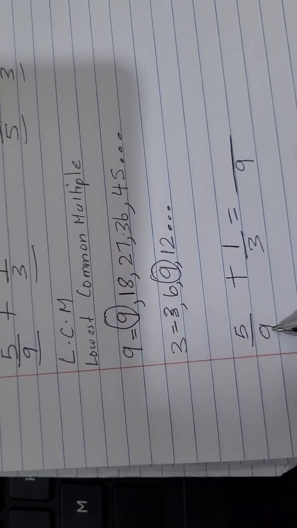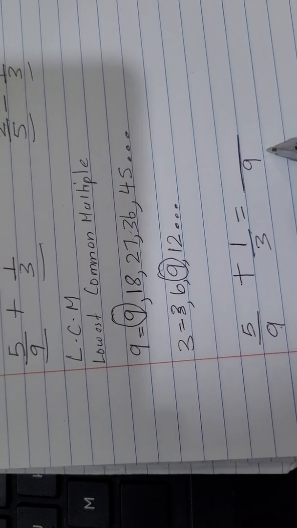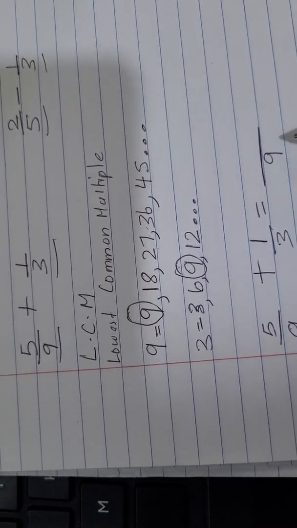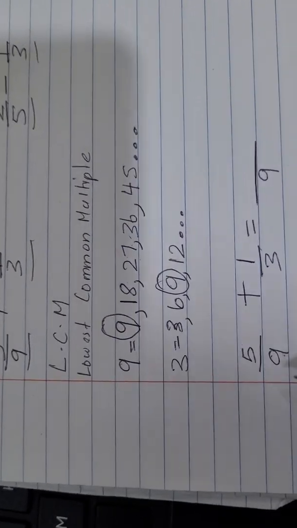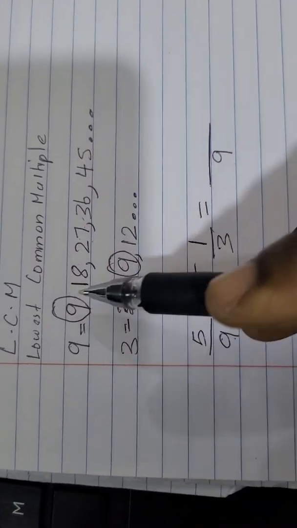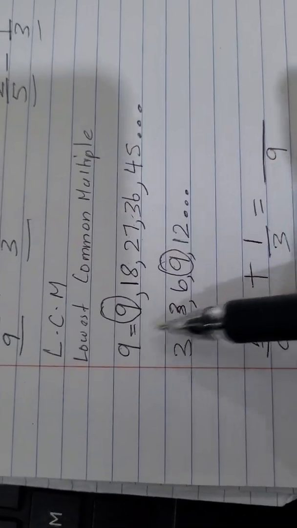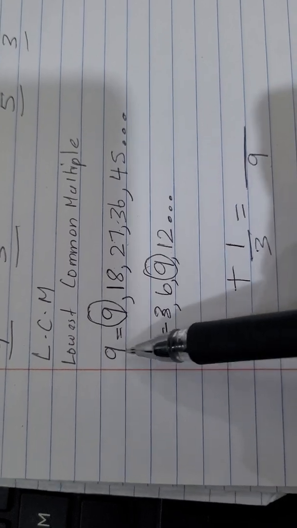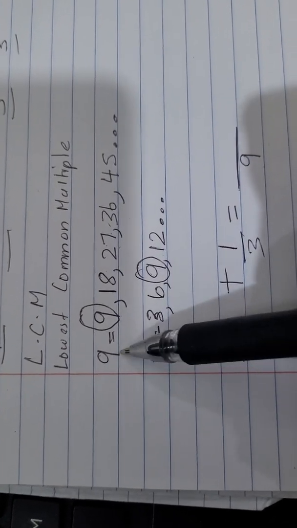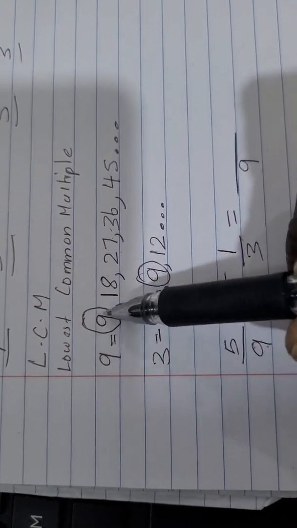And I'm going to divide the first denominator into the new denominator. So 9 into 9 will give us 1. If you look at when we're finding the LCM chart, when we found the multiples of 9, we'll see that 9 is the first number that we got. So 9 into 9 will give us 1.